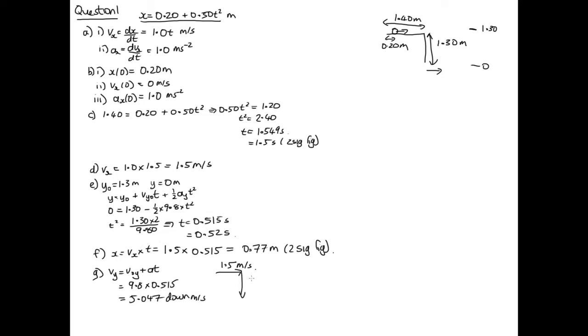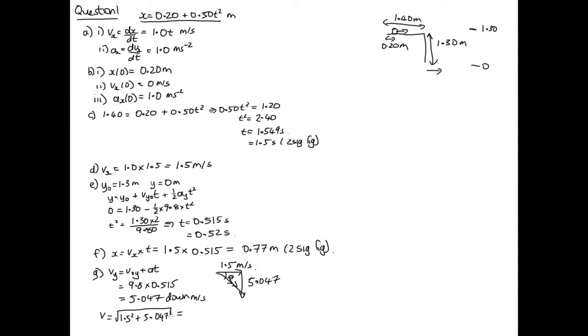So we can draw that here, 5.047, and what we're trying to get is this vector along here. Sorry, it's a bit hard drawing on this board, so that looks a bit wonky. And so to find out the magnitude of the velocity, we're going to have to use Pythagoras' theorem and take the square root of 1.5 squared plus 5.047 squared.